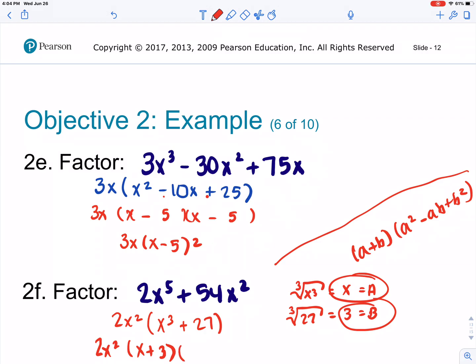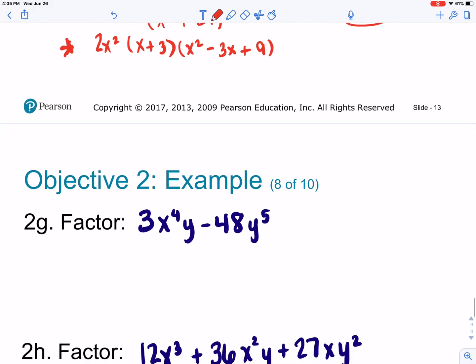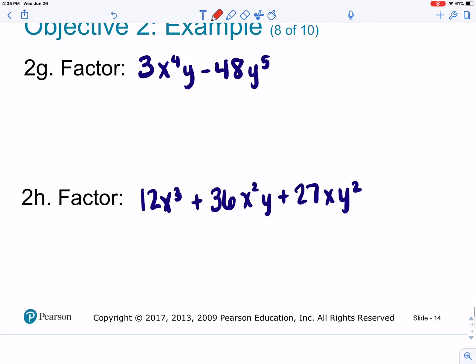And then a squared, so that's going to be x squared, minus a times b, so 3 times x, plus b squared, so 3 times 3 is 9. So there's my answer for that one. So again, just looking at those patterns. All right, next one, or next two.